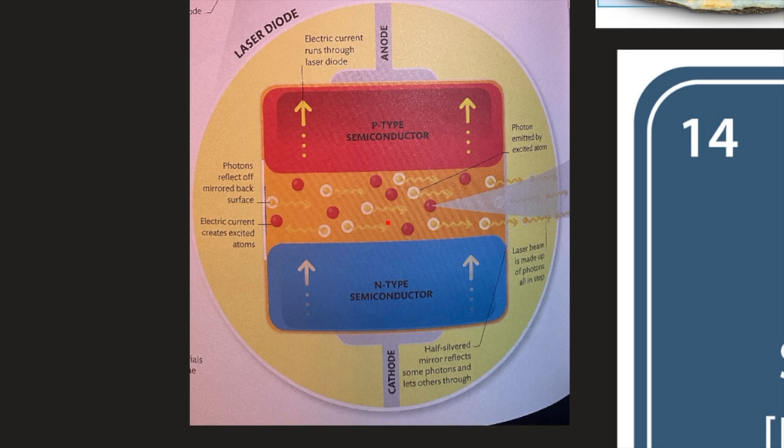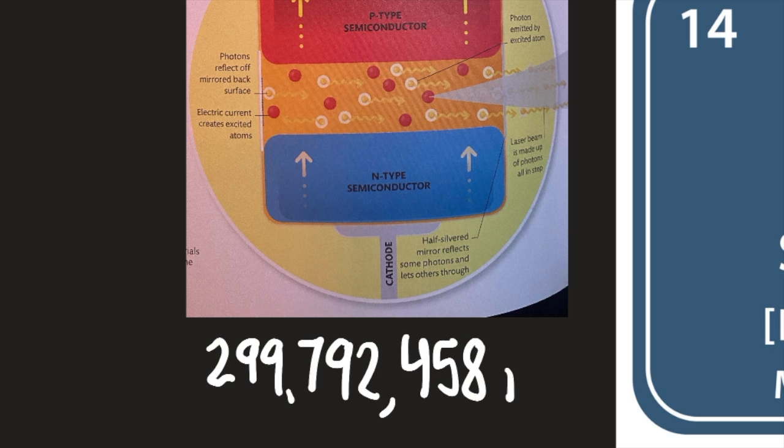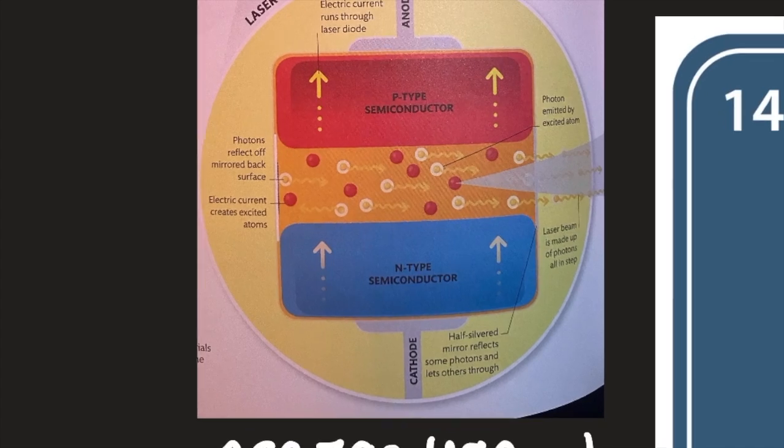A photon is emitted by an excited atom. A photon is just a unit of light. It's a little packet of light that travels at the speed of light, which is 299,792,458 meters per second. And that's how fast the photons move.